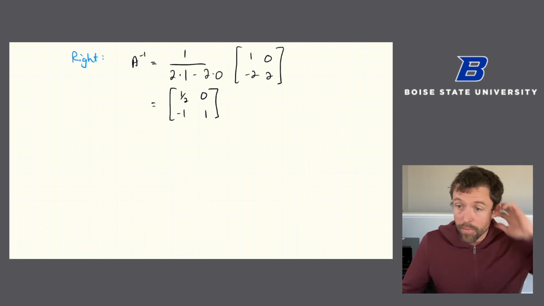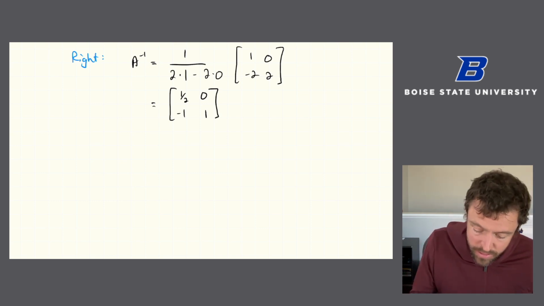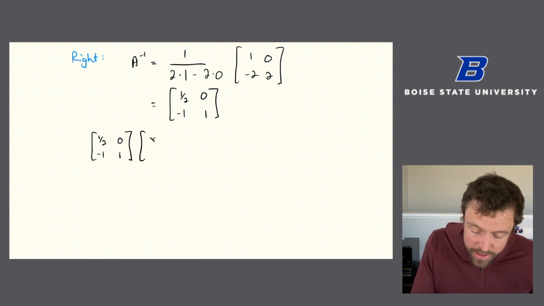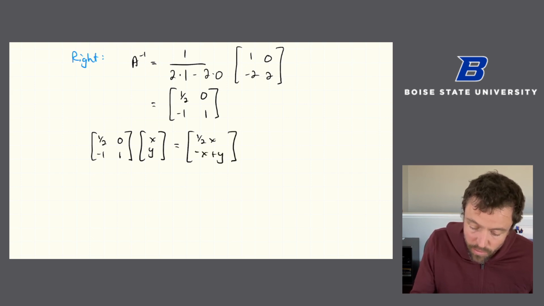Our logic was not totally wrong. It just missed this one key point. We want to see where this takes a generic vector (x, y). It takes it to 1/2 x and negative x plus y.